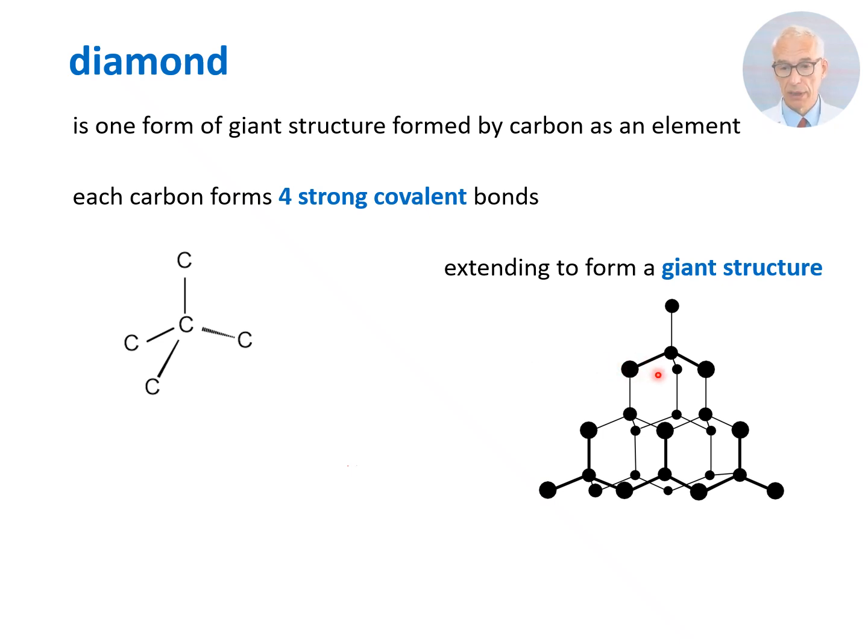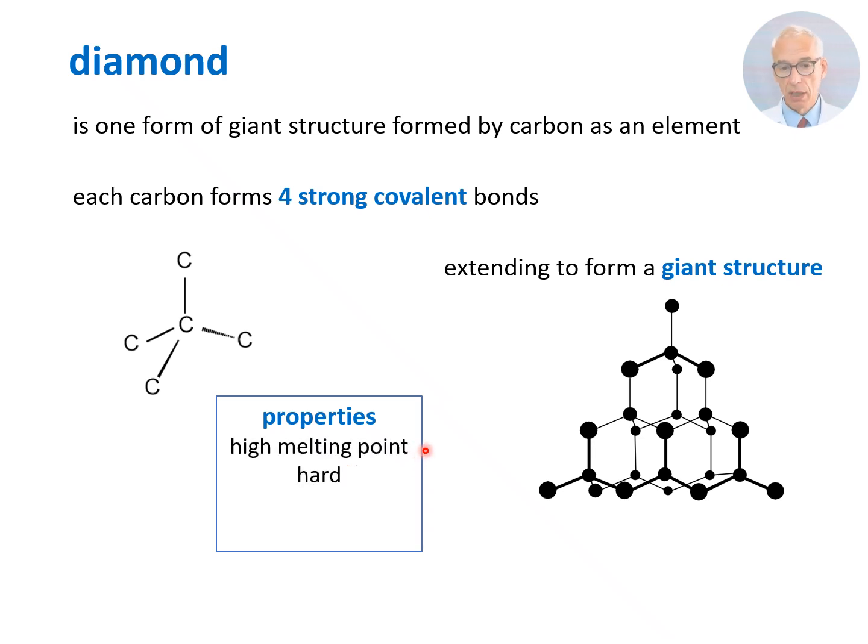Each carbon in the structure is held in place by 4 strong covalent bonds. So what would we predict for the properties? Well, if the atoms are held by strong covalent bonds, it's going to be a lot of energy needed to break them. The melting point will be high.